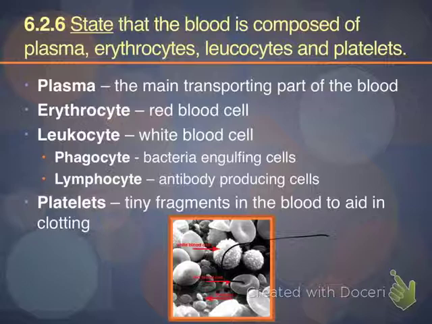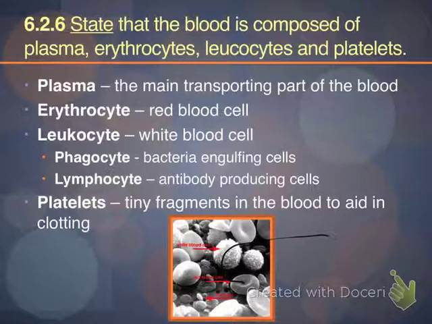Like we've talked about before, they are produced by the stem cells in the bone marrow. The purpose of red blood cells is to transport oxygen throughout the body. They contain a protein called hemoglobin, which will selectively bind to oxygen, and then the red blood cells are able to transport it around.